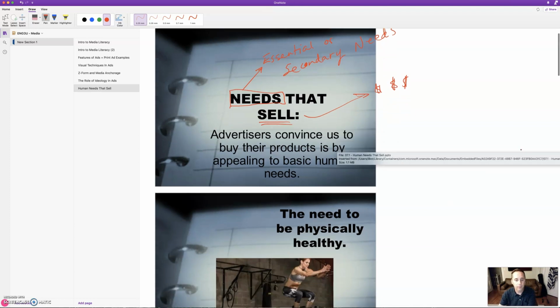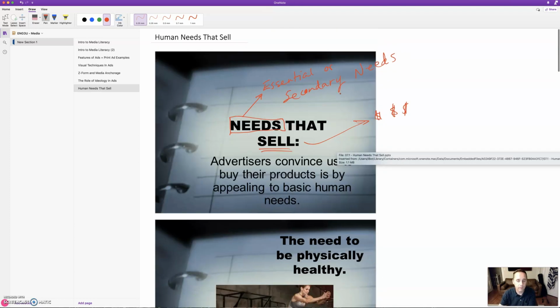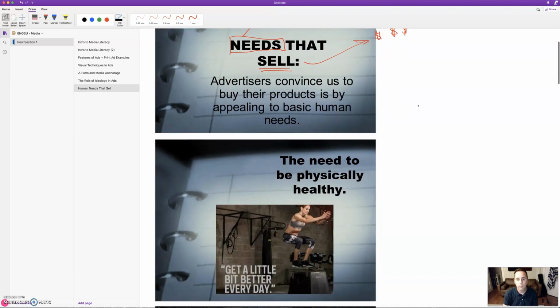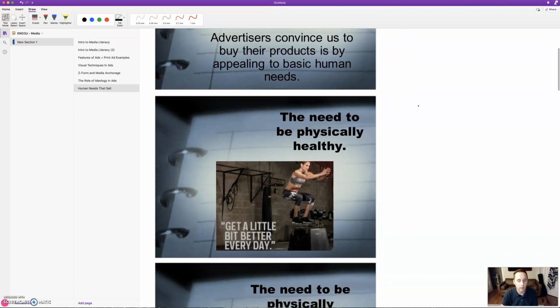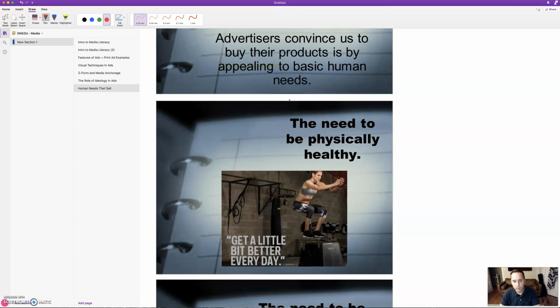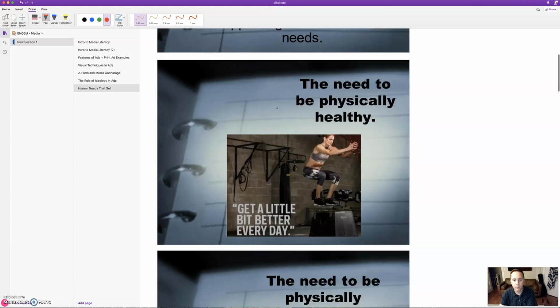Advertisers convince us to buy their products by appealing to these basic human needs. Okay, so they make an appeal. For example, let's zoom in a bit. Here's the first ad.